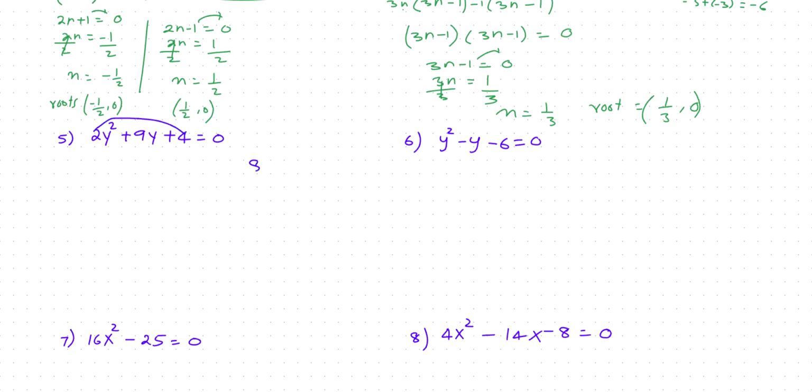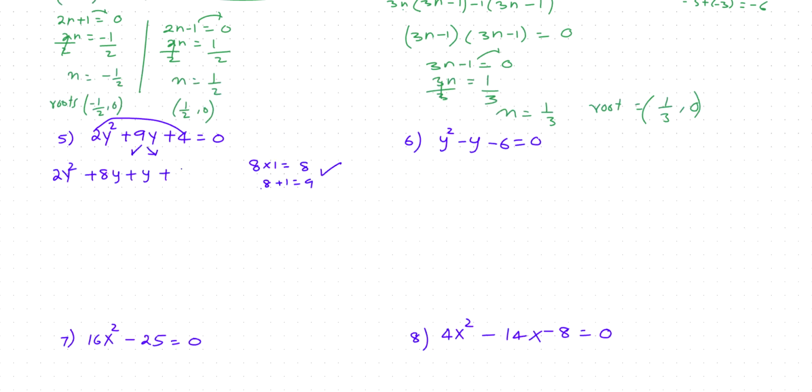By adding, you should get 9. So 8 times 1 is 8, and 8 plus 1 is 9. So this is working. We write 2y square as it is, and 9y we split into 8 plus 1. So we can write 8y plus y plus 4 equals to 0.